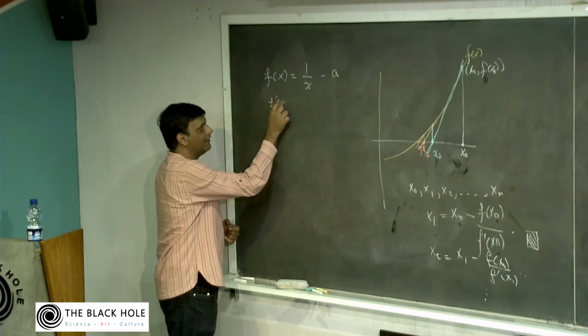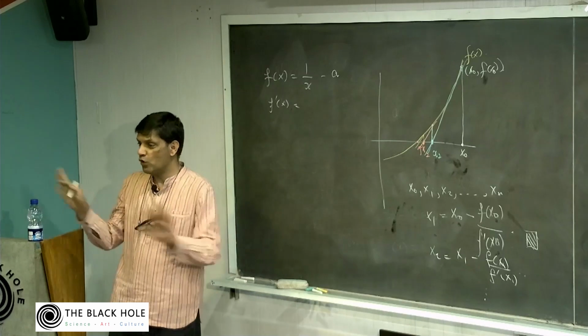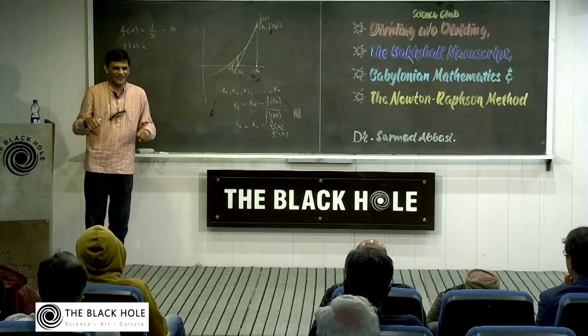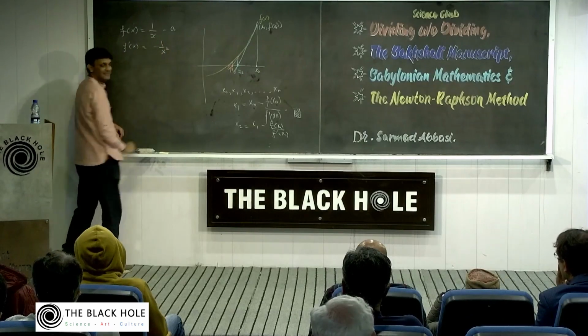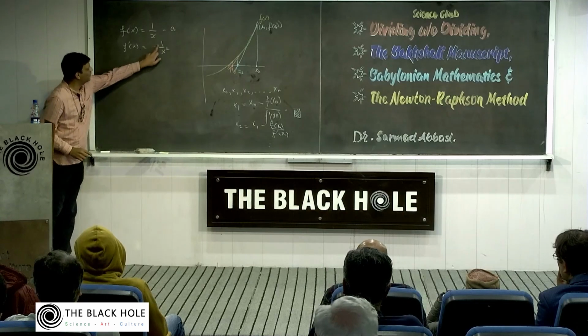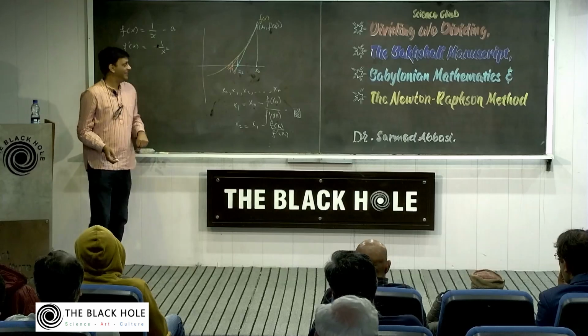The derivative of this, if you know it, I'll just write it and you'll believe me. If you don't know it, just believe me, because I had said in the abstract that this was a prerequisite. So this is minus 1 over x squared. Those who know a little calculus would know that that's the derivative.